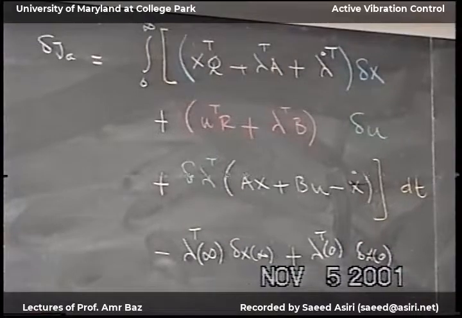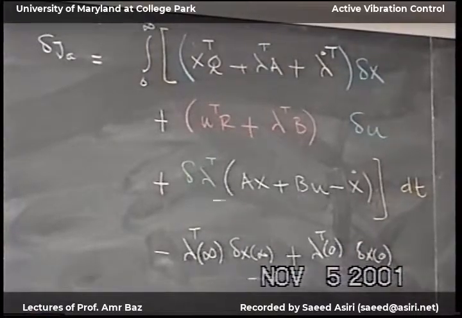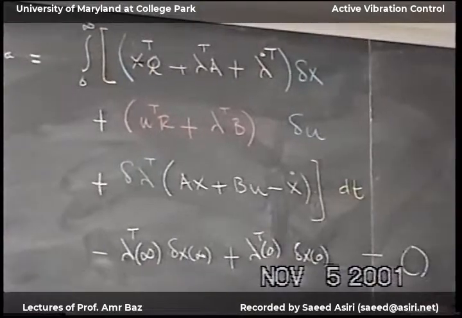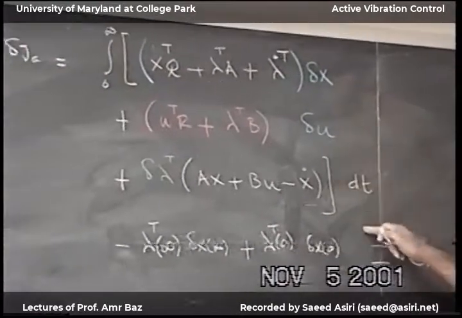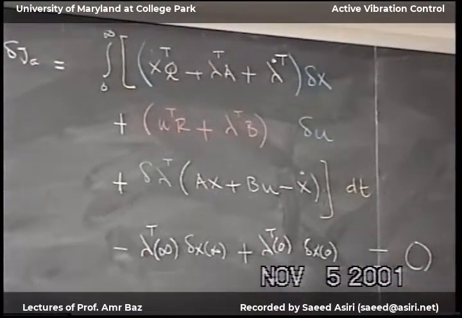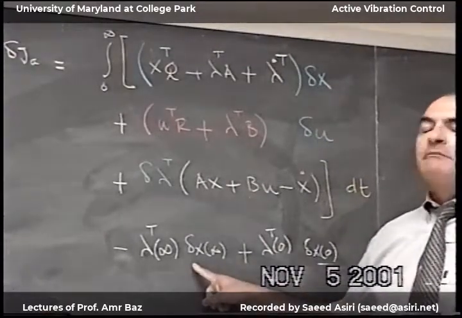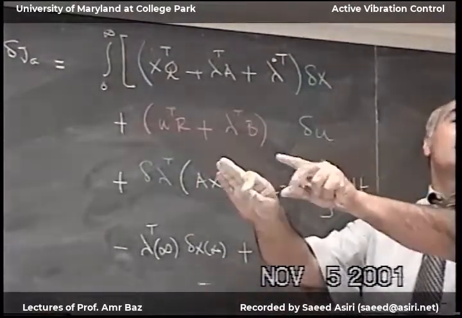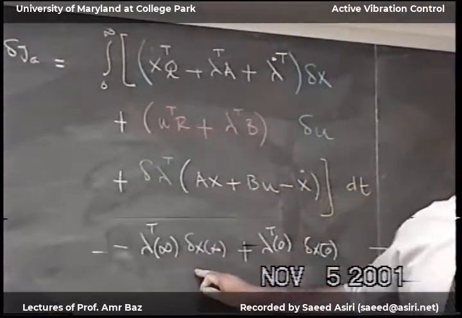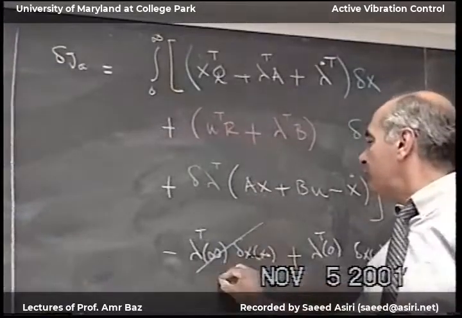Okay, now I want this to be optimum. So now this has to be equal to 0. It has to be equal to 0 for any variation that we have. So now, one more thing before we go any further. This term will drop out, because at the final destination where I am free of any variation, there's no change in the final destination. So this goes to 0.